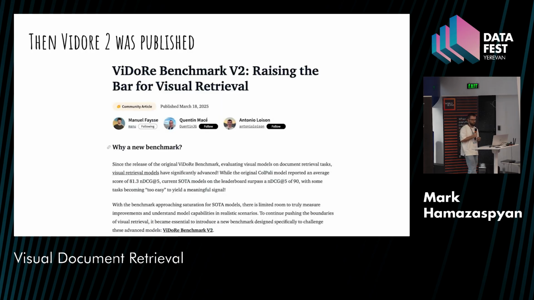Vidore 2 was published, which is a much more difficult benchmark compared to Vidore 1. It's not perfect either; there are many inconsistencies there. But our previous models, before Vidore 2, which scored around 90 originally, were around 50 on this Vidore 2 benchmark.